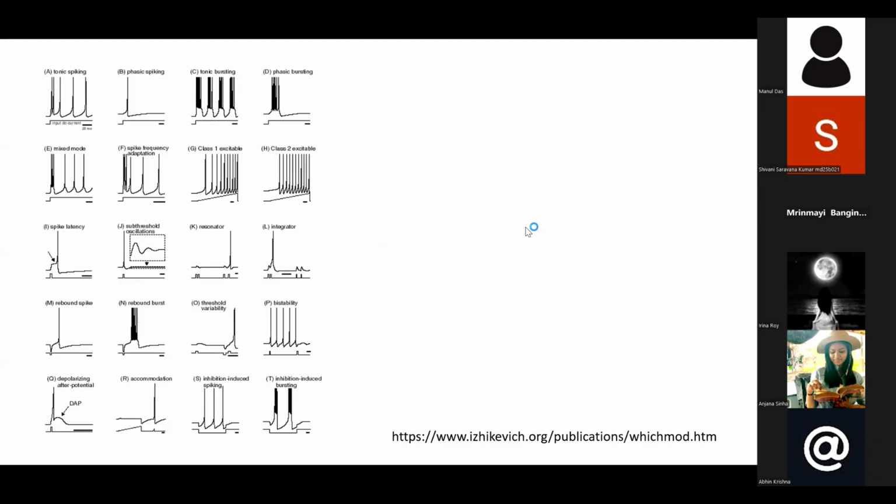This is where you see a stark difference between biologically inspired neuron models and the AI neuron models. In AI neuron models, as we'll see tomorrow, you just have either a sigmoidal neuron or a ReLU neuron and leaky ReLU and all those things. First of all, there's no dynamics at all.